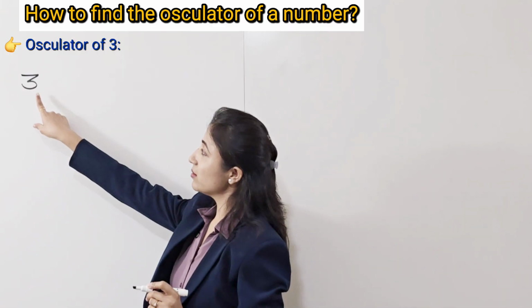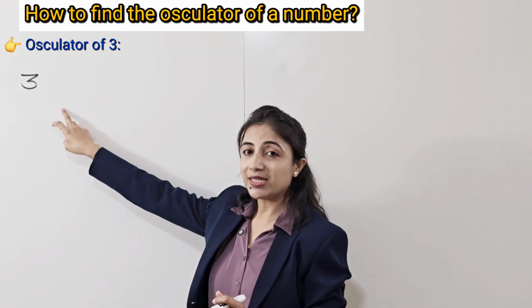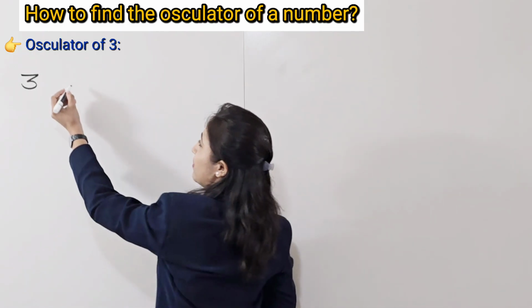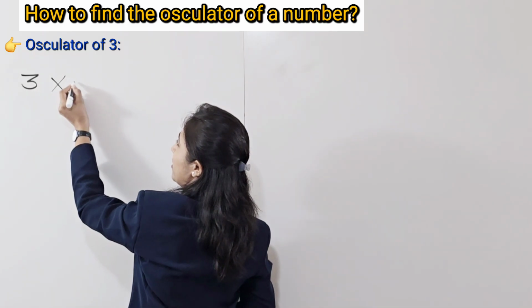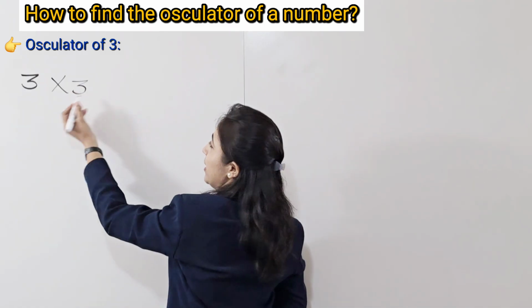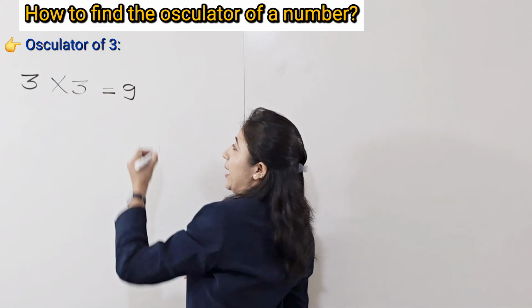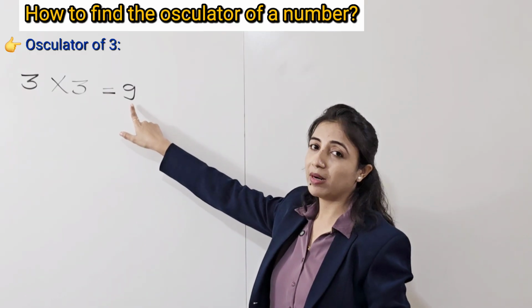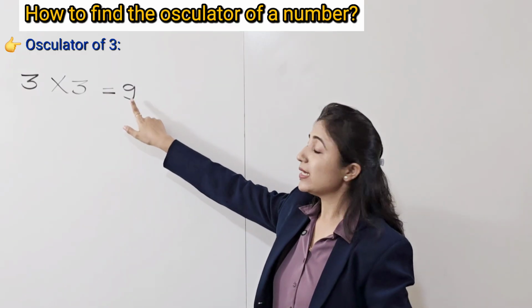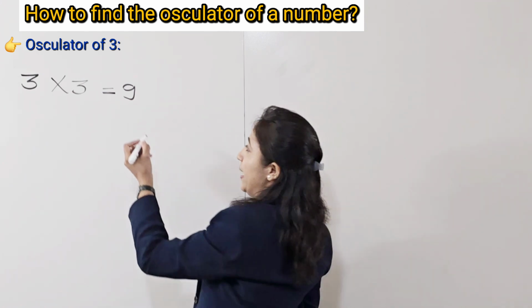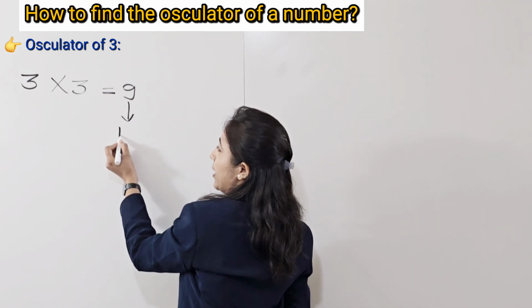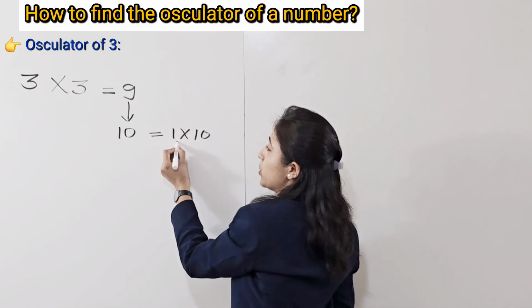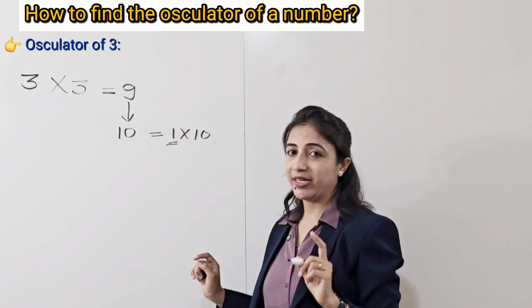So 3 into 3 is 9, and the next step is to check whether this 9 is near to a multiple of 10. Yes, 9 is near to 10, and 10 we can write as 1 multiplied by 10. So here 1 is called the osculating number.